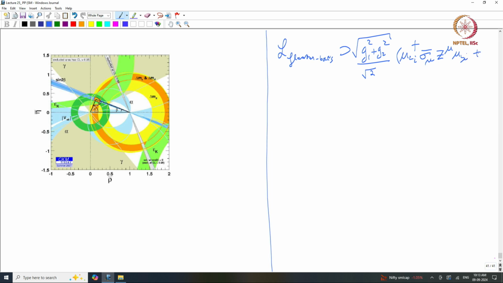I am writing this in a very deliberate manner. In particular, the I index is a flavor index, and the I repeats here, correct?